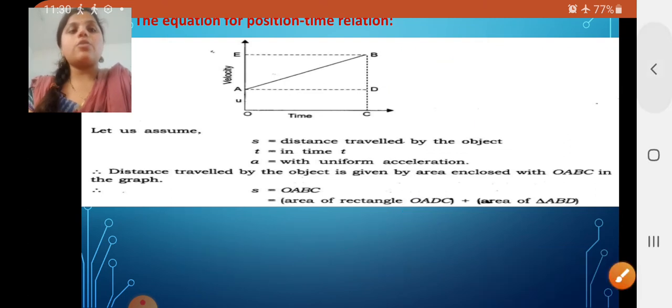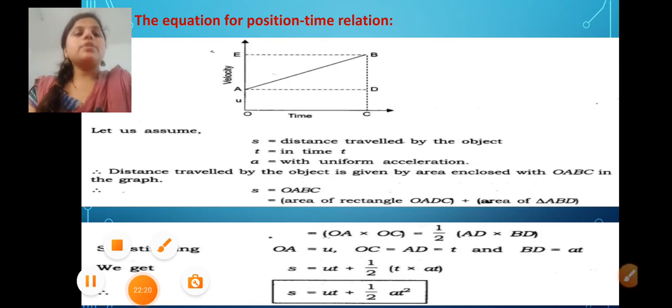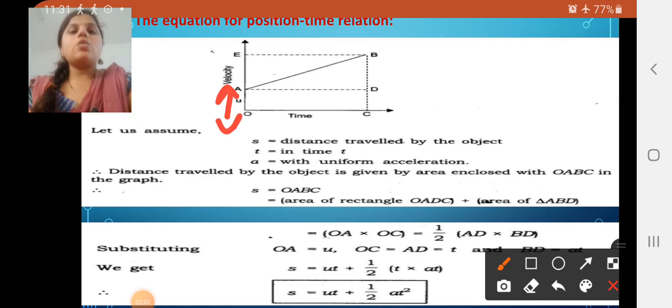Let us check. Now you can see here, dear students, the length into breadth. If we are considering the rectangle, OA, the base, is the length, and the breadth here is OC.